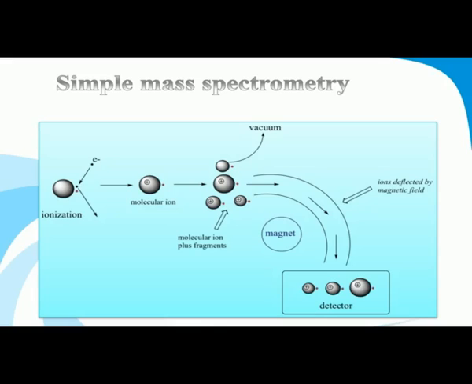This whole process is carried out in an analyzer. So we can call it an ionization accelerator chamber, also an ion accelerator chamber, where various electrodes are placed depending upon their charges.